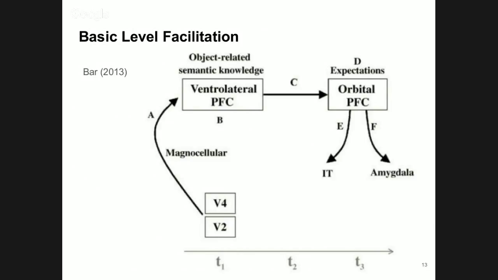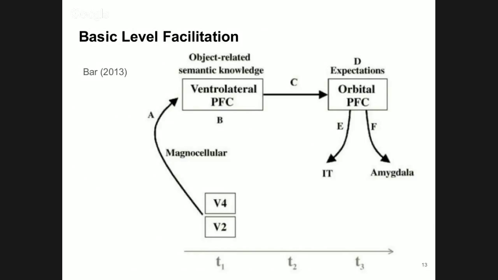One pathway is very fast, the other is very slow. The fast pathway is called the magnocellular pathway, which has a direct connection from V2, V4, the early visual cortex, all the way to the ventrolateral prefrontal cortex and the orbital prefrontal cortex.